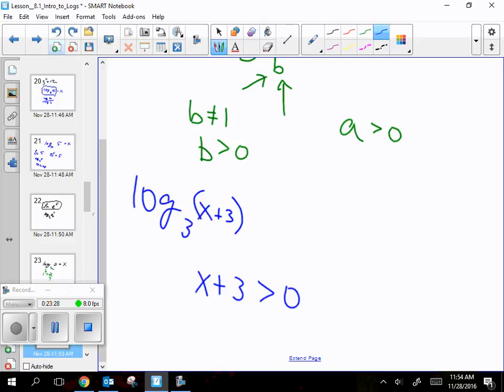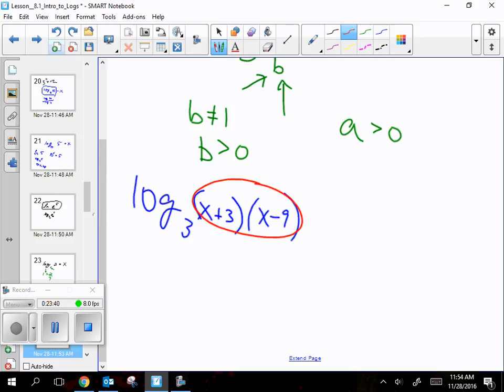Okay. What if I said that? What's its domain? Well, all that needs to be what? Bigger than 0. Do you remember having a math test where you had questions like this?